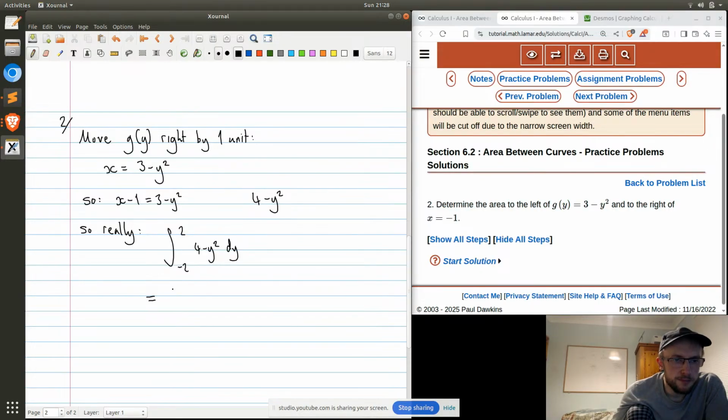Anyway, 4y minus a third of y cubed, and go from minus 2 to 2. You do that, don't you?